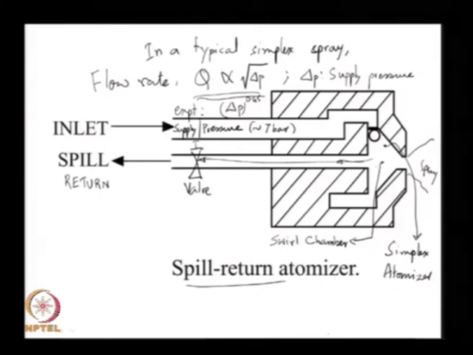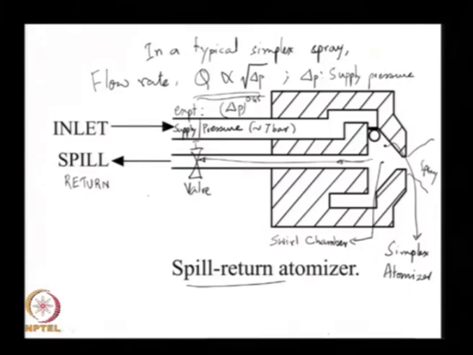When the valve is completely open, there is actually more fuel going in. So, even though you have less spray coming out in the situation where the valve is completely open, there is more fuel going in through the inlet line, but most of it is returning back through the spill line into the tank.